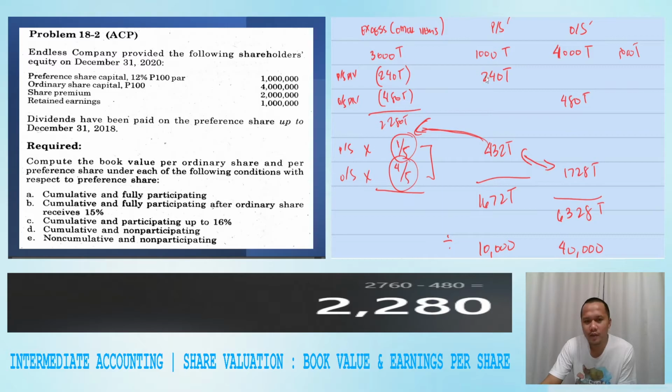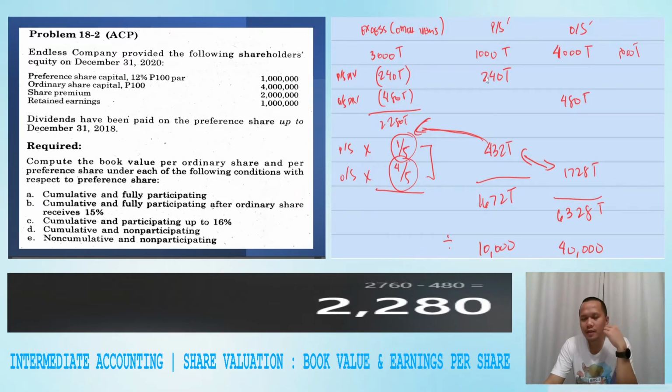Now, this is it. Participating only up to 16%. Didn't we say earlier that participation, if we really think about it, is an additional or premium in addition to your dividends, provided that the ordinary share would benefit from the same privilege?